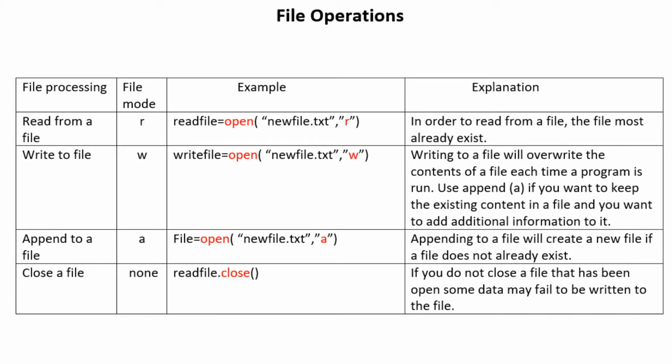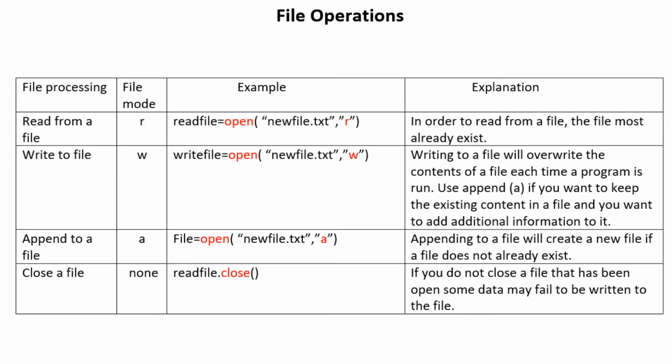You use the open function, and then the name of the file you want to append to, or the name of the file that you want to create. So with append, you can actually create a new file, or you can write to an existing file.